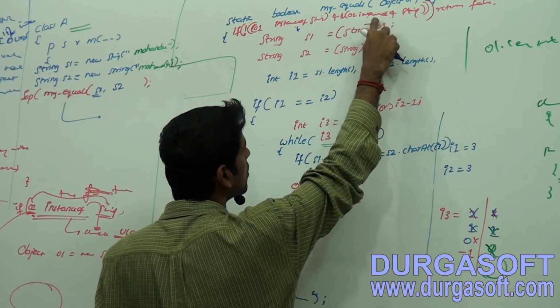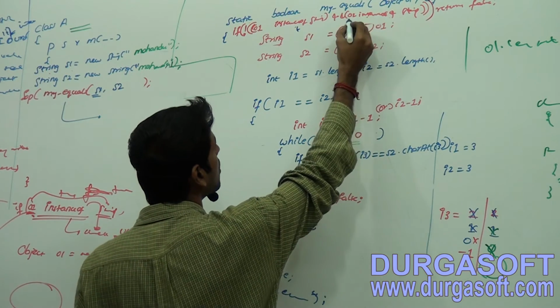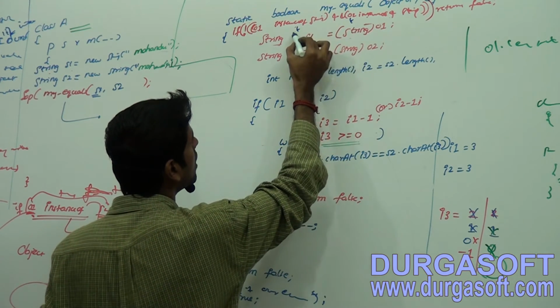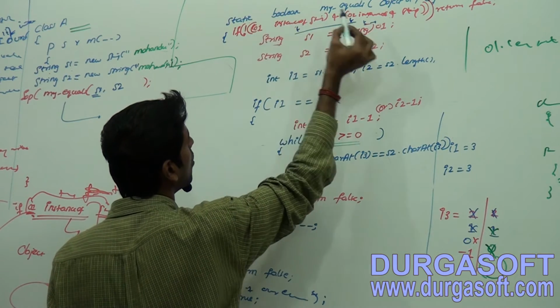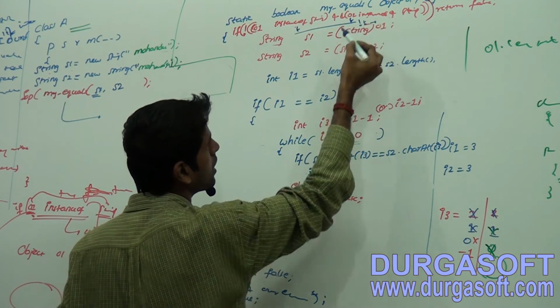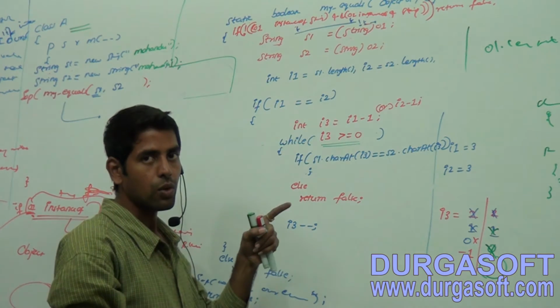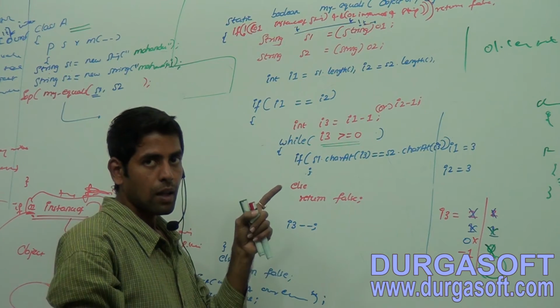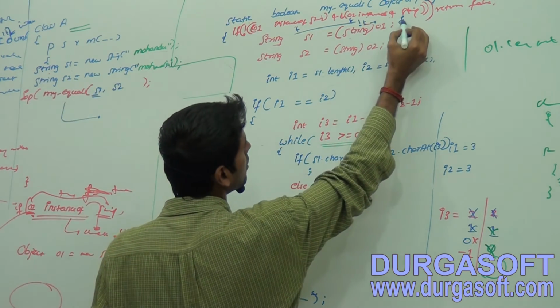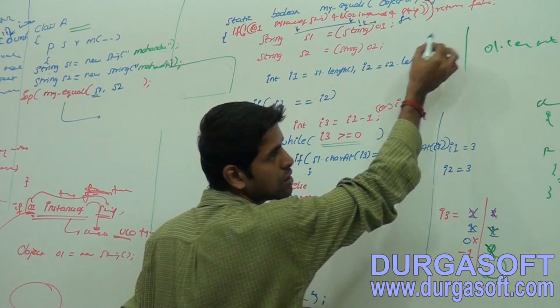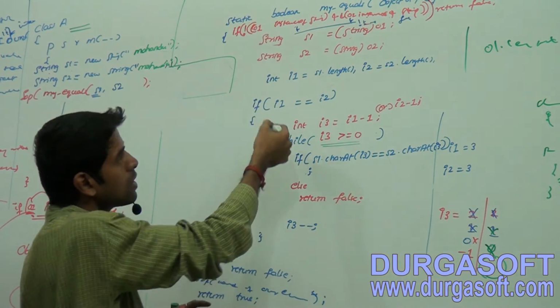If it is string, it will return true. Now true and true is what? Resultant value true. For that I am applying this complement. True complement value is what? False. If it is false, let me know one thing, does it execute this statement? No, it will come out of that one.